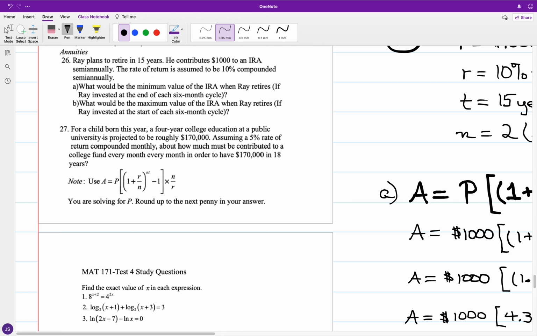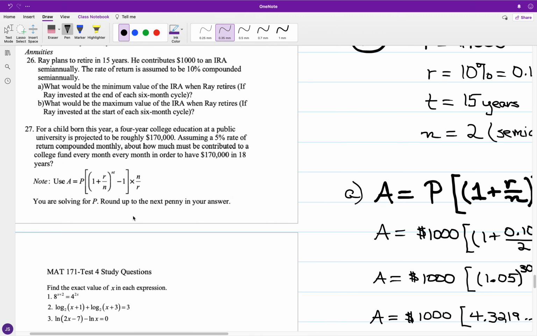It says that for a child born this year, a 4-year college education at a public university is projected to be roughly $170,000. Assuming a 5% rate of return compounded monthly, about how much must be contributed to a college fund every month in order to have $170,000 in 18 years? So we're looking at a very big goal here.